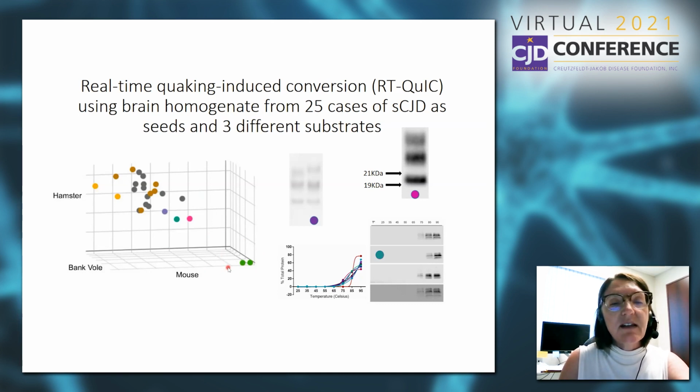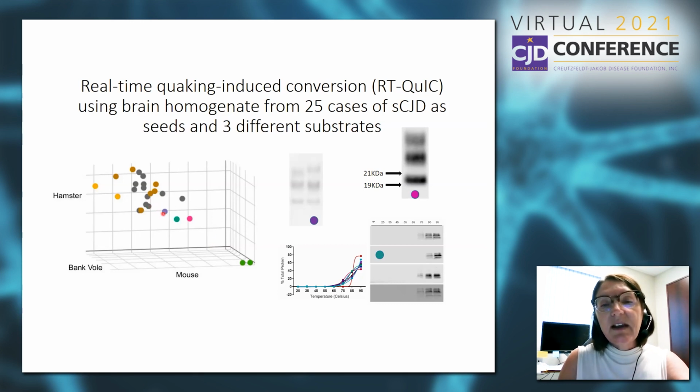And when we correlated these outliers by looking at the biochemical analysis on a gel and by comparing with the clinical and pathology reports for these cases, we found that each of them had some atypical feature related to either their pathology or their biochemical Western blots.